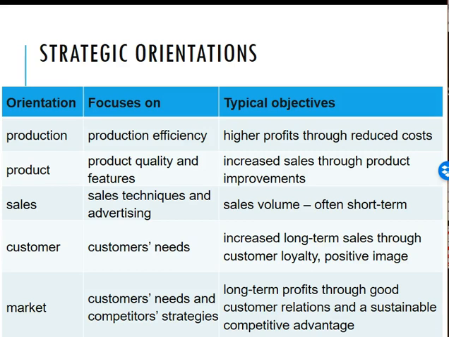Customer orientation is where you're really researching the customers to make sure that you are giving them the product and the services that they need, leading to customer loyalty and more positive image of your organization. And then finally, a market orientation is where you are looking at long-term profits through not only customer relations that you're building in customer orientation, but also you've built a sustainable competitive advantage within your market.